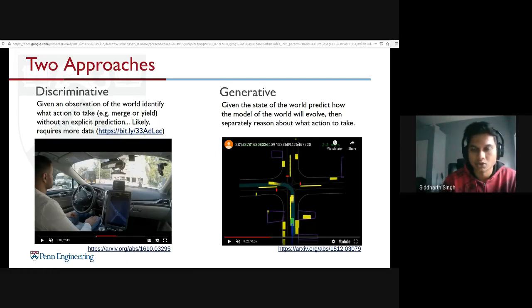We have stop signs which are red. We have road markings, buildings and everything. And this entire environment that Waymo has created using its sensor information, it can then evolve into the future and predict where everything else will be, right? Does that make sense of how these two things are different, generative approaches and predictive approaches?